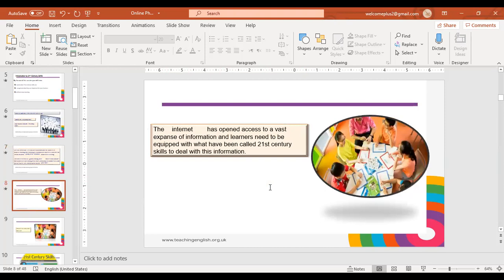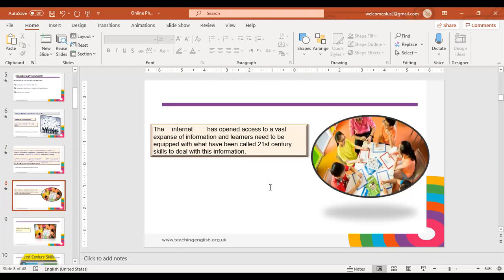As you can see here in the picture, the students are sitting in a circle, and they are communicating all the time. Plus, they now have the ability to access the internet, something that we didn't used to have in the past.